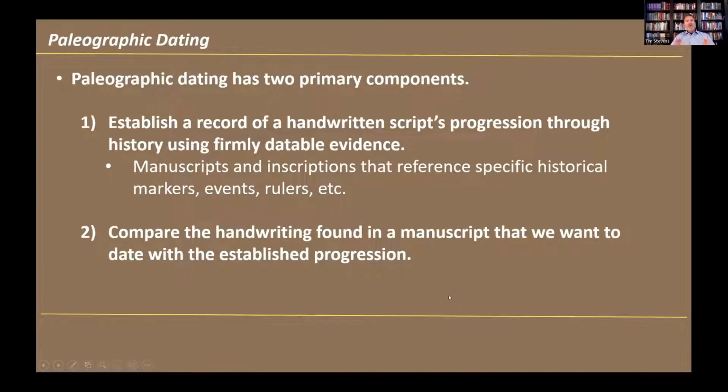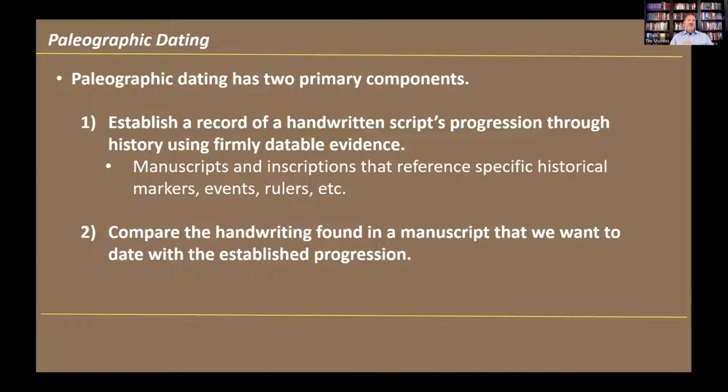So when it comes to paleographic dating, there are really 2 primary components that are involved. The first is to establish a record of a handwritten script's progression through history using firmly datable evidence.